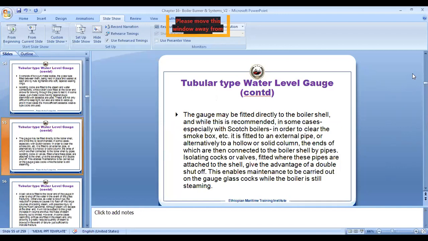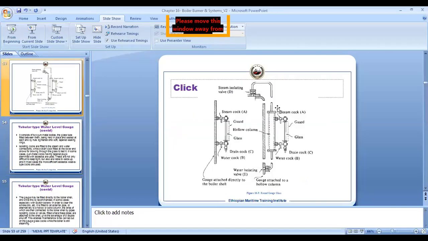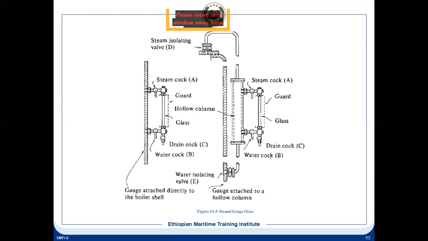And in case you have this type of hollow gauge glass, which is fitted indirectly, away from the body of the boiler, I'm talking about the design on the right hand side, you can carry out some maintenance on the cocks also.